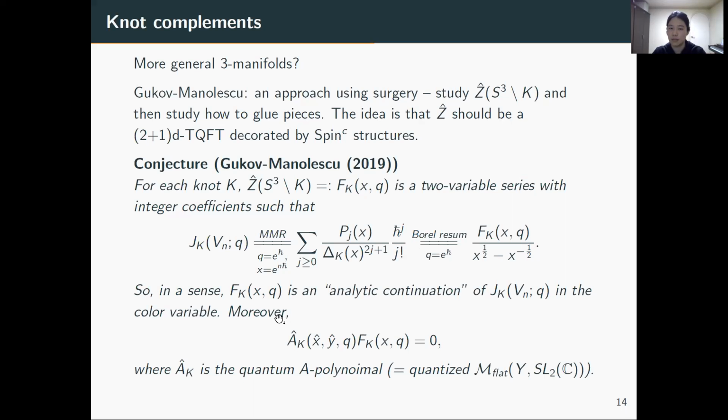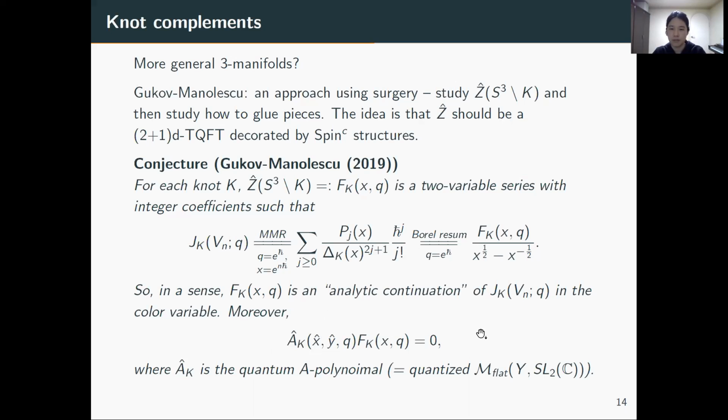They also conjecture that this F_K should be annihilated by this Â operator, which is known as the quantum A-polynomial. This is a non-commutative polynomial in x̂ and ŷ, which are q-commuting.